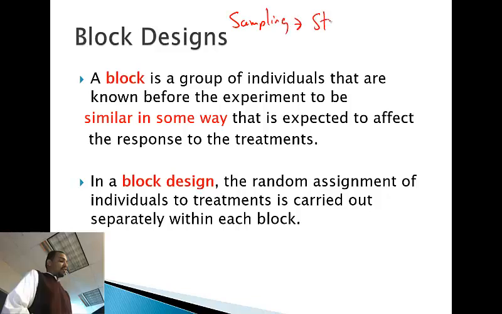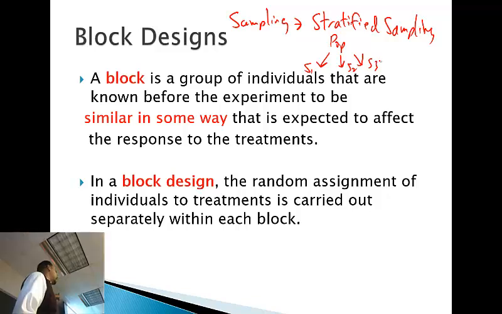So strata 1, strata 2, strata 3, because you felt like some variable influenced the results. Blocking is the chapter 9 analog of that. And then in a block design, you're going to randomly assign people to different treatments.